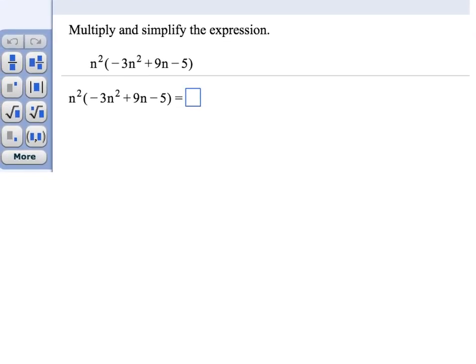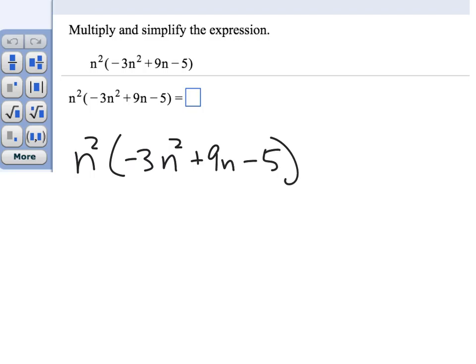So we have n squared being multiplied by negative 3n squared plus 9n minus 5. It's alphabet soup here. So we're distributing that n squared. And so think of that n squared as being 1n squared. So 1 times negative 3 is negative 3.